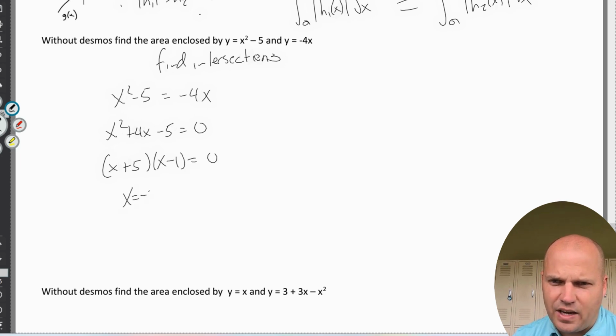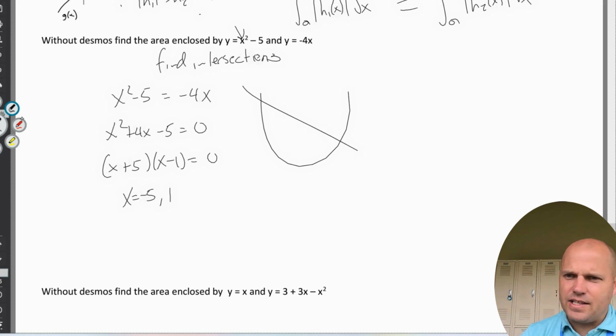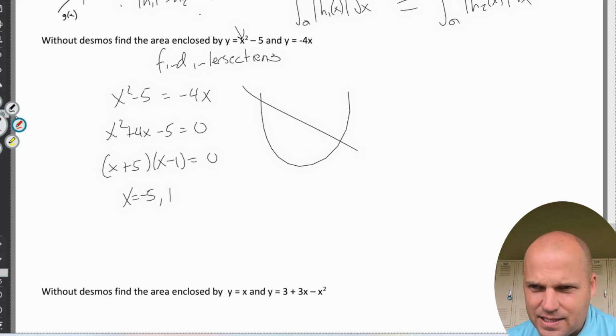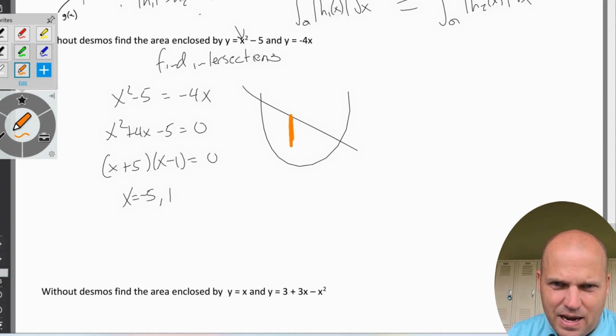I'll get x equals negative 5 and positive 1. Now I know my region is this opening up x squared and a line.